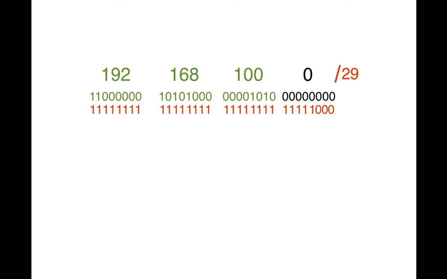So let's try a /29. In looking at a /29, you'll have 2 to the 3rd power host bits, or 2 to the 3rd power zeros there, which would still give you 8. Take away 2, you'd only have 6 valid hosts there, so that's not enough to fulfill the requirement of 10. So then we move to a /28.